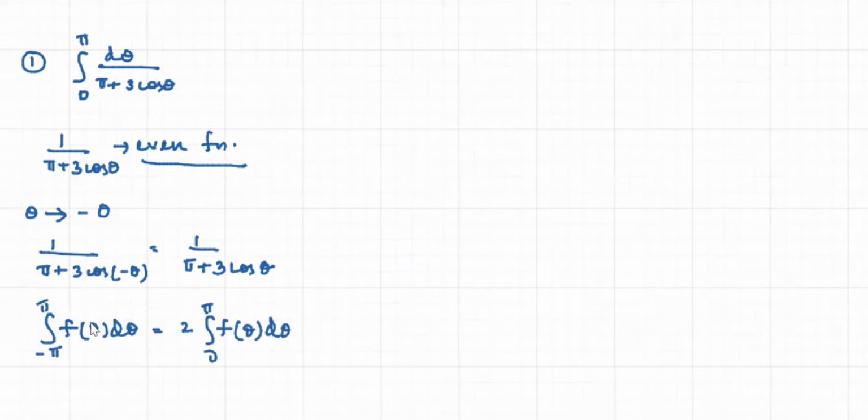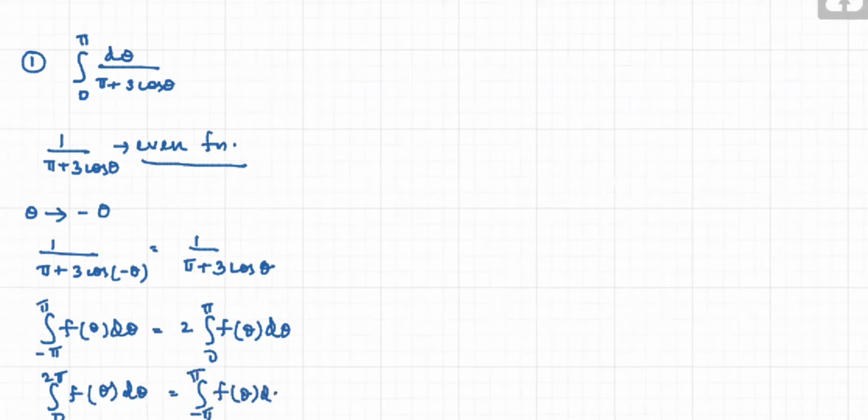Now we can see that integral 0 to 2 pi f of theta d theta is same as minus pi to pi f of theta d theta. So even if you are taking the limit from 0 to 2 pi or minus pi to pi, we are traversing the complete unit circle.